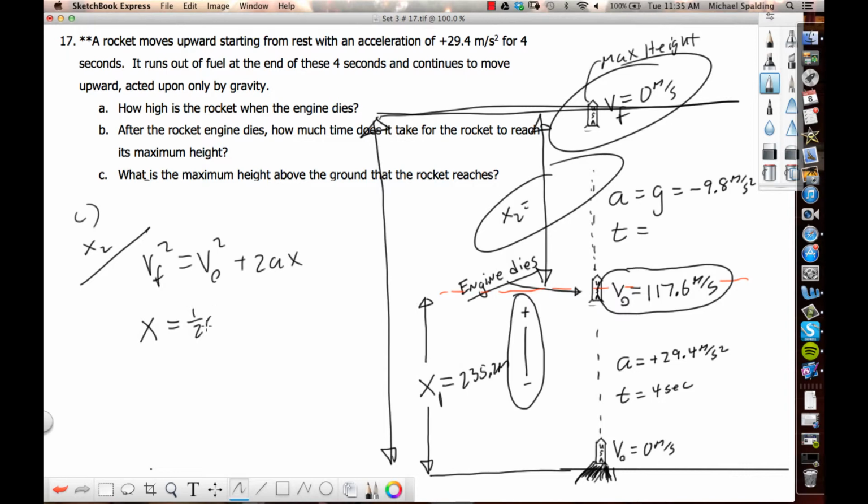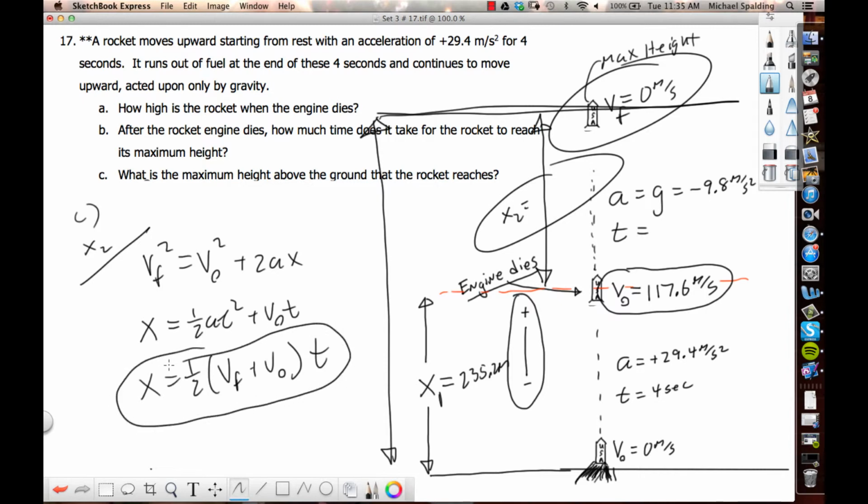You could do one-half at squared plus v initial t, or you could do one-half v final plus v initial times t. So three of the kinematics equations work. Which one looks the nicest? The last one. This one looks the easiest, so let's do that one.